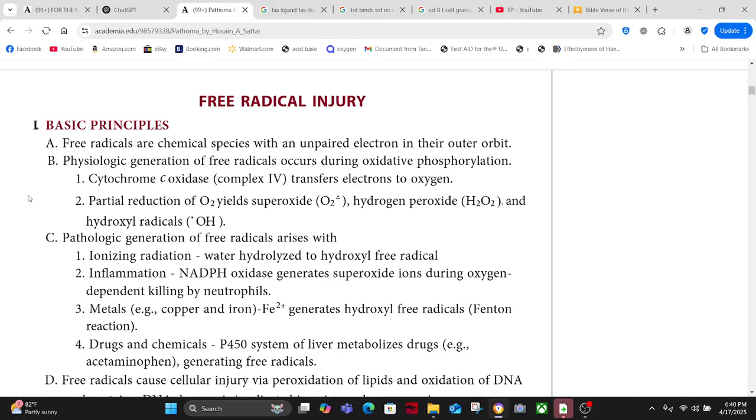Okay, so this free radical section was hard for me. I had to go through it again, so I'm going to read it again. Free radicals are chemical species with an unpaired electron in their outer orbit.